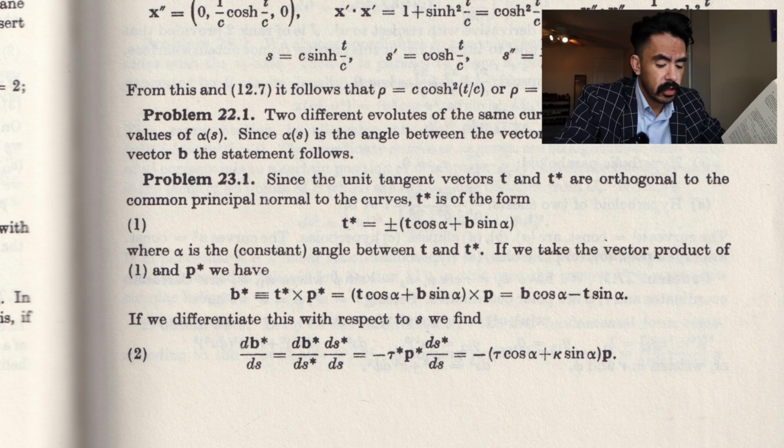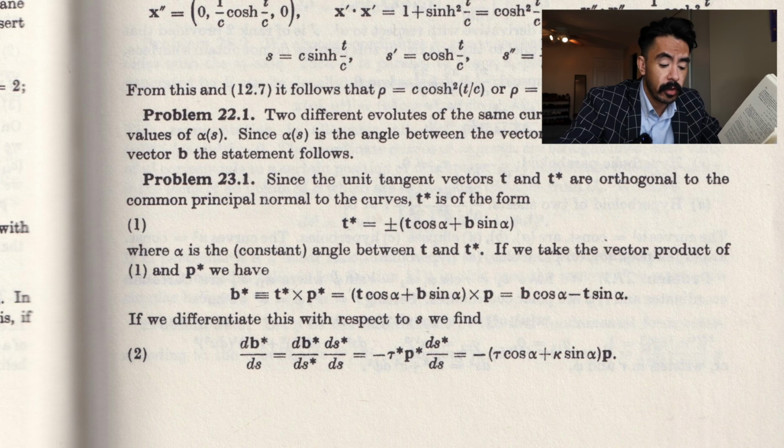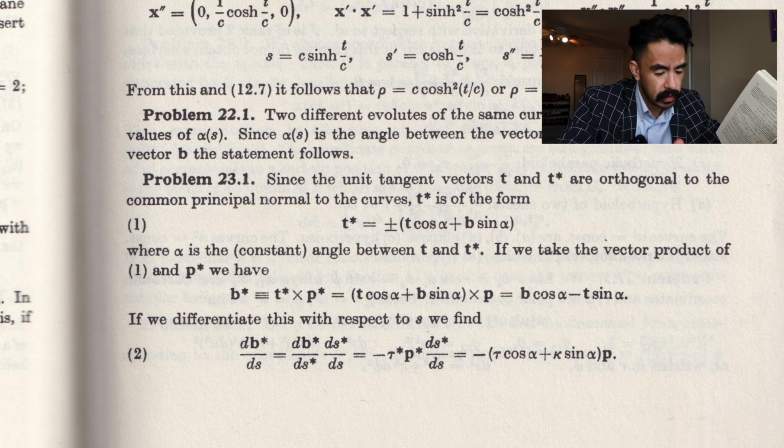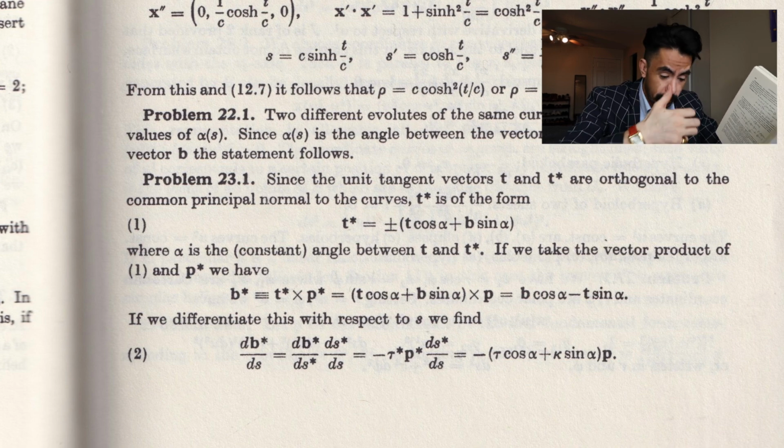Since the unit tangent vectors t and t star are orthogonal to the common principal normal to the curves, t star is of the form t star equals plus or minus the quantity of vector t times cosine of alpha plus vector b times sine of alpha, where alpha is the constant angle between t and t star.